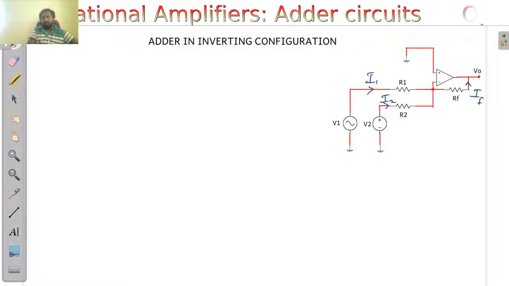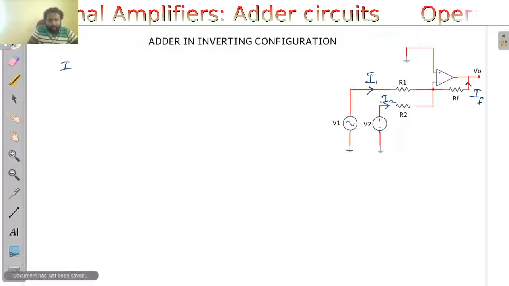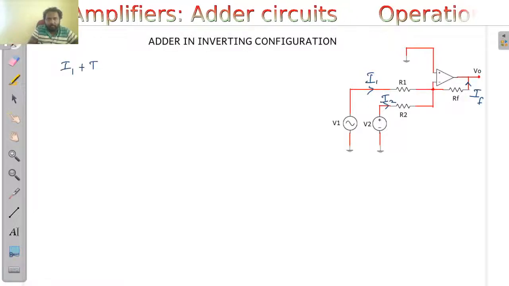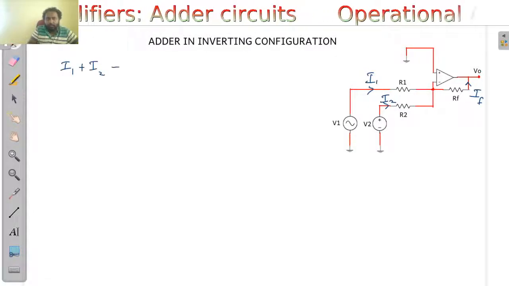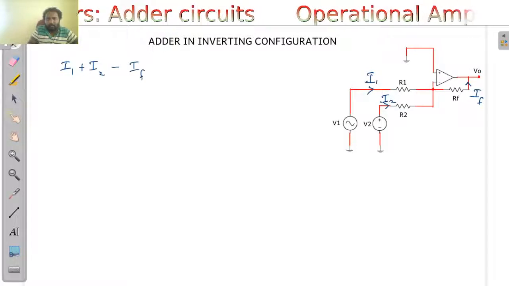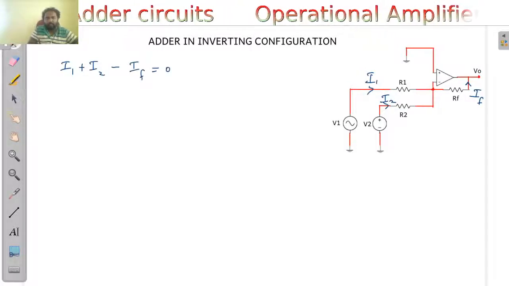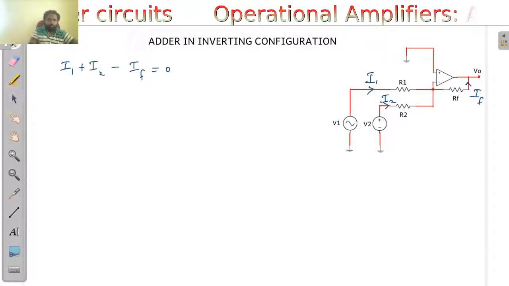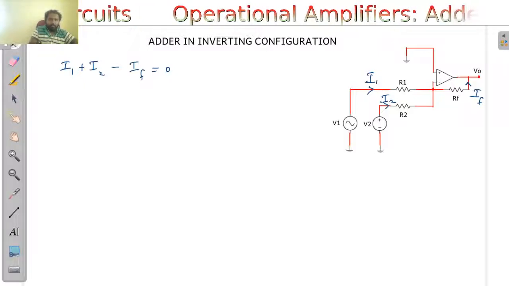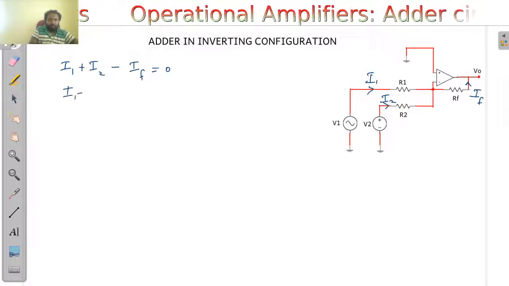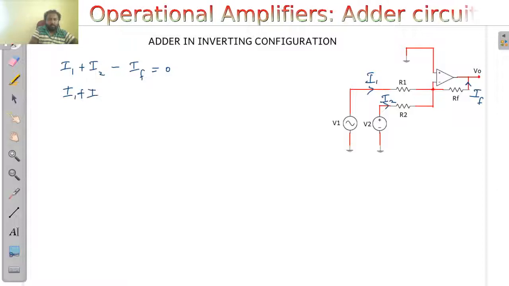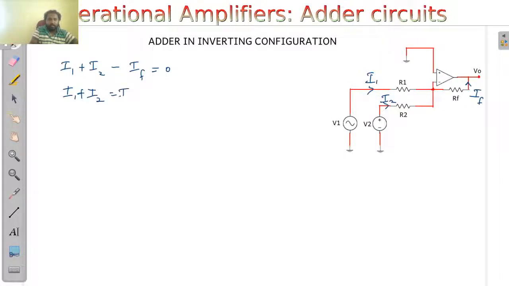Now I can apply Kirchhoff's current law and write the equation as I1 plus I2, those are the incoming currents, minus IF, which is the outgoing current, equal to 0. So I can take it to the other side, and it becomes I1 plus I2 equal to IF.